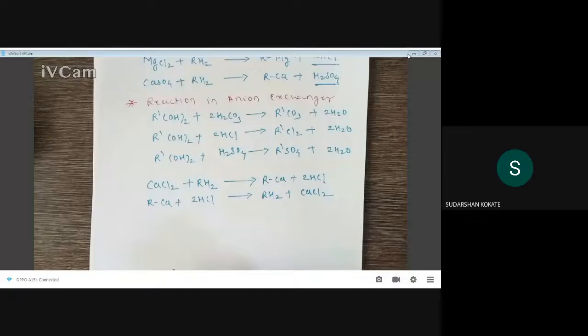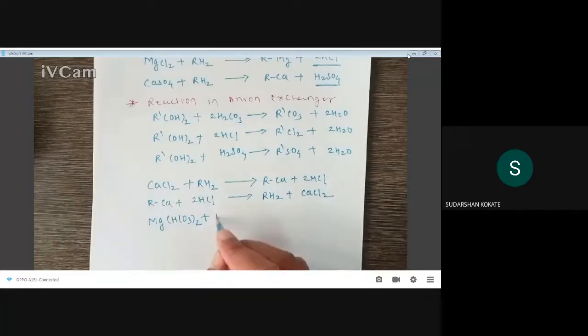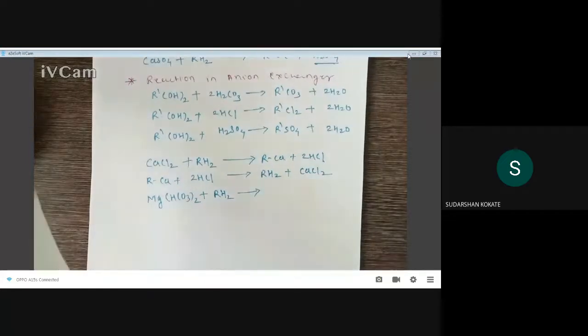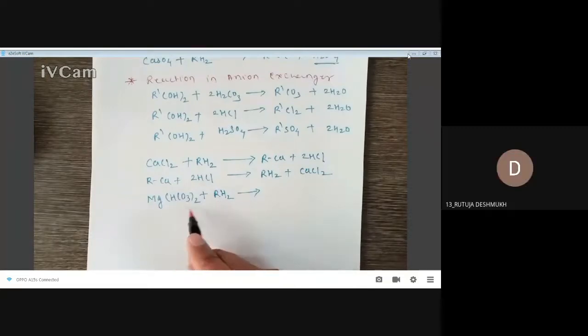Okay. For example, if magnesium bicarbonate is present, Mg(HCO3)2 plus RH2. Now predict the product. What is happening? It can form RMg plus twice H2CO3, yes, very good.